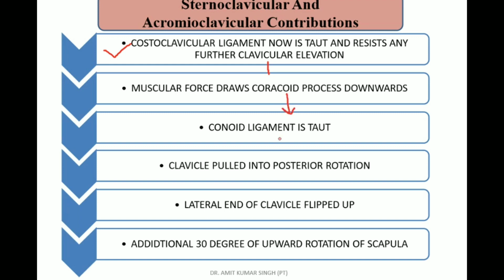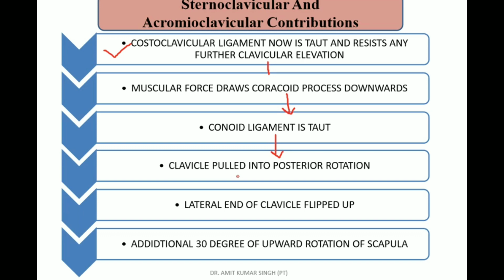So due to this, what will happen? The conoid ligament will become taut, and due to this force, the clavicle goes into posterior rotation. For this, you need to check my previous video where I have explained how the clavicle goes into posterior rotation. Once you see that video, it is very easy to understand.